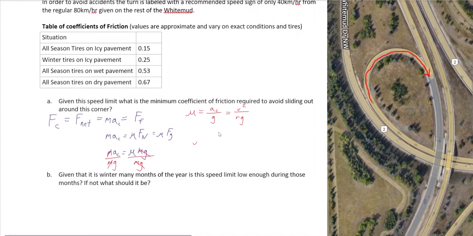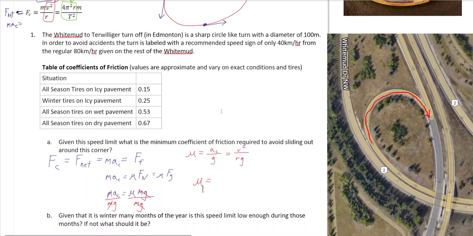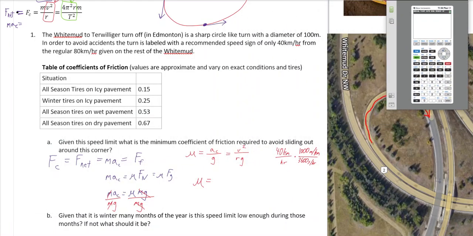So now we can finally write in our numbers. The problem is we have kilometers per hour, so we have to change that using 3,600 seconds per hour and 1,000 meters per kilometer, so it's going to be dividing by 3.6.